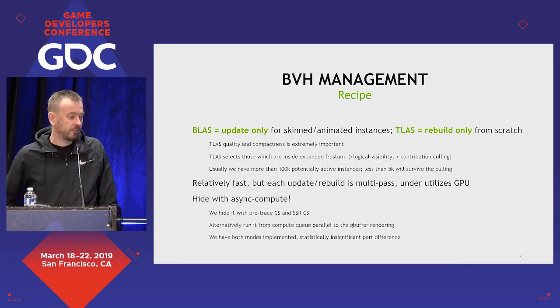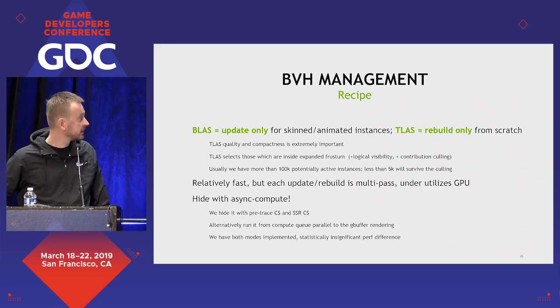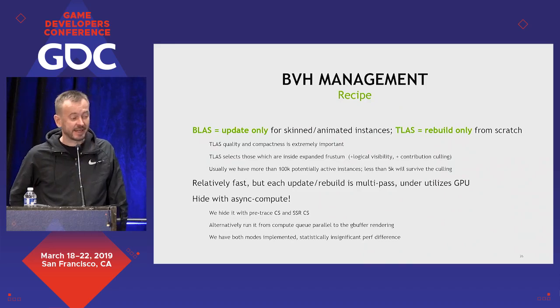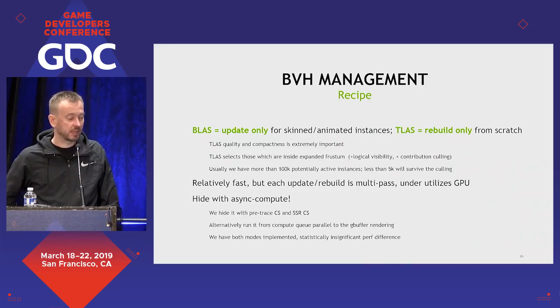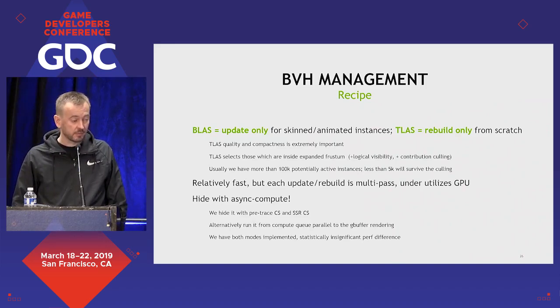By the way, careful BVH management is extremely important, and for us it is especially important as Metro is instance heavy. We simply have too many ray tracing instances. That is why we carefully cull them by expanded frustum, in addition to contribution culling. And we always do a full rebuild from scratch of the top-level acceleration structure.